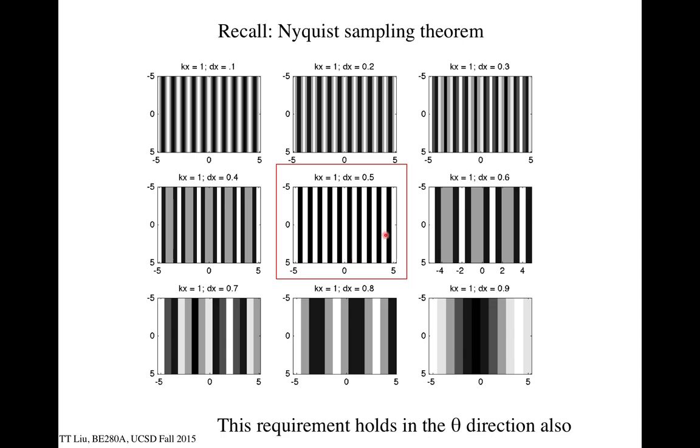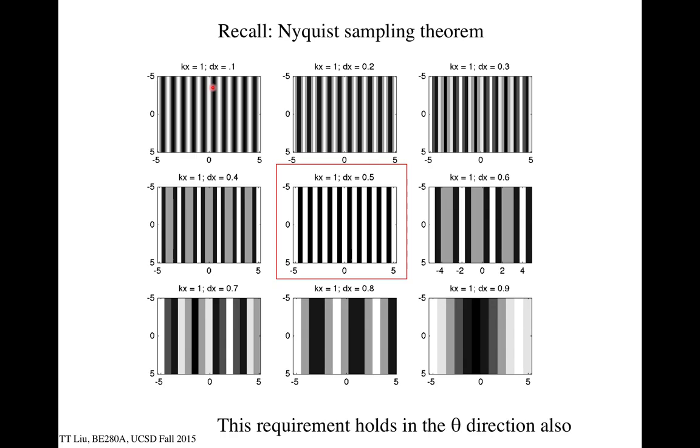So let's go back about 4 lectures and remember what it means to sample adequately. Okay? If I have a sine wave, a signal that's oscillating in space, and I need to pick up that oscillation, I don't want it just to get blurred out as an average, right? I need to sample it frequently enough along that direction to see the oscillation. From a common sense viewpoint, I need to sample at least one point at a peak, one point at a trough, one point at a peak, one point at a trough, right?